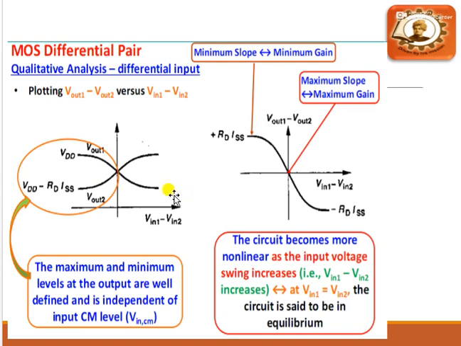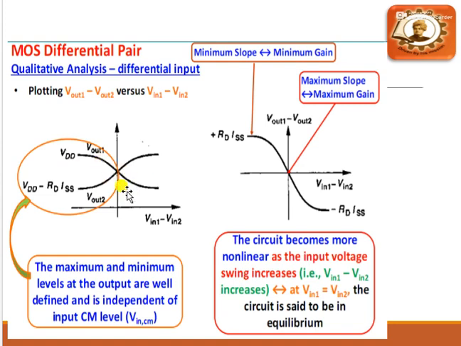From this figure it is clear that there will be a maximum and minimum level at the output, and it is also independent of the input CM level. So that means there will be a defined value of maximum or minimum of the output voltages, independent of CM level, as shown in that first figure.